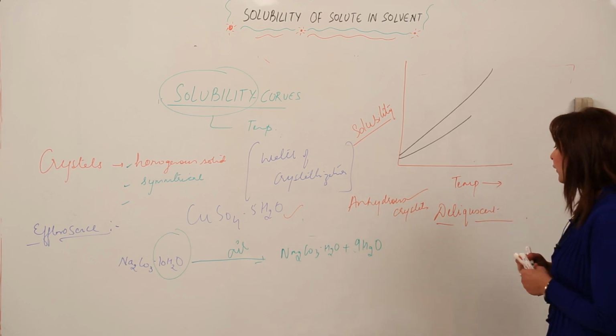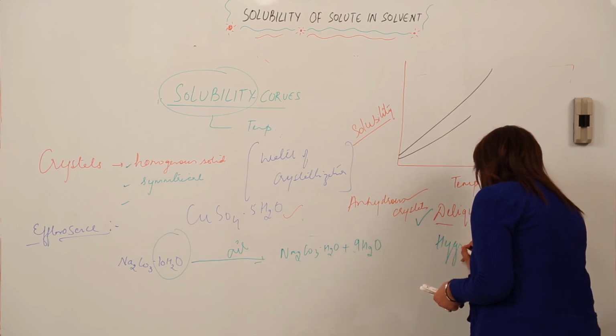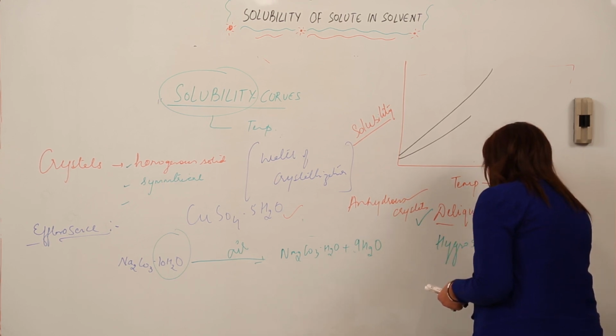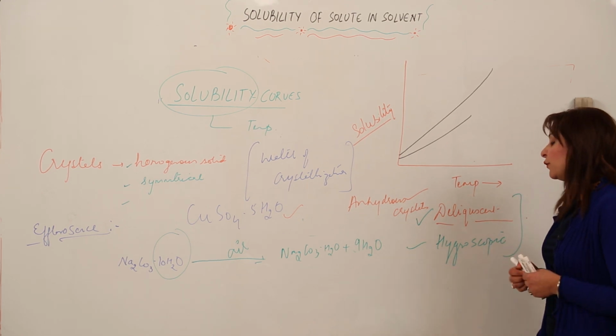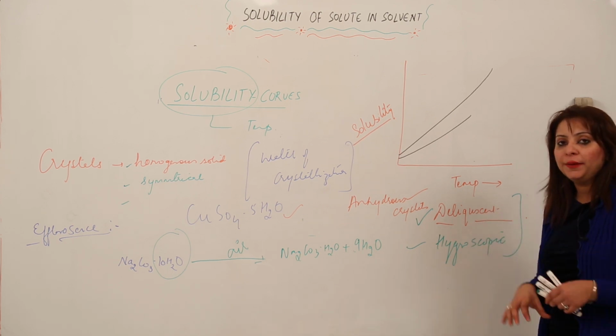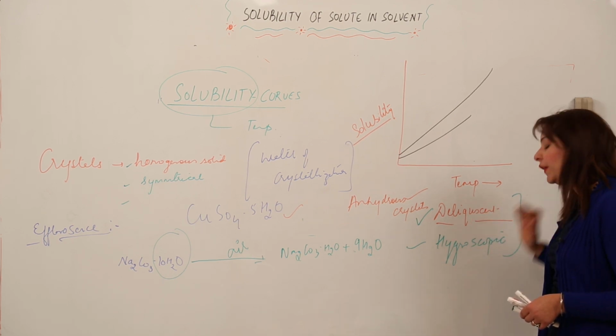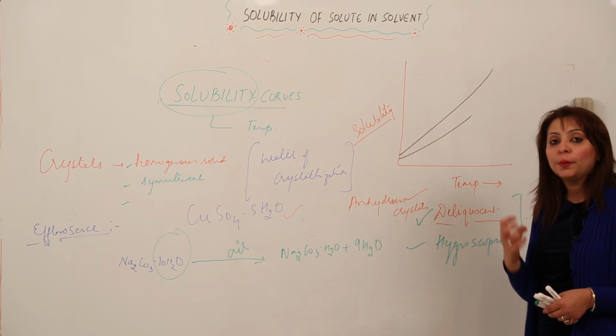We have one more term, the hygroscopic one. What is the difference between these two terms? In both cases, when the substance is exposed to air, it absorbs moisture. Whether it is deliquescent or hygroscopic, in both cases the substance is absorbing moisture.